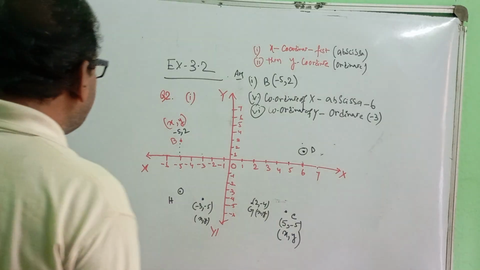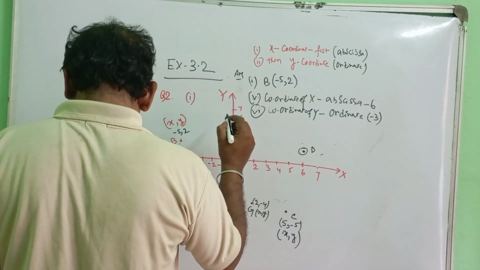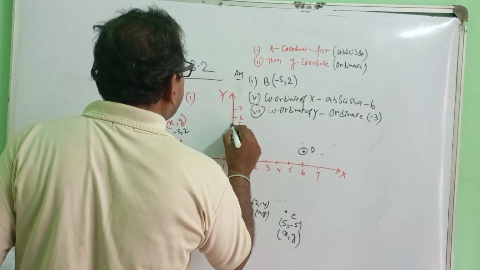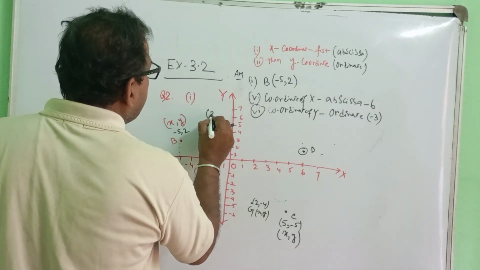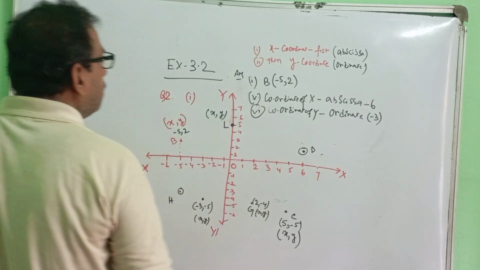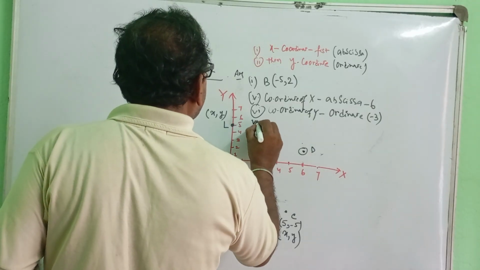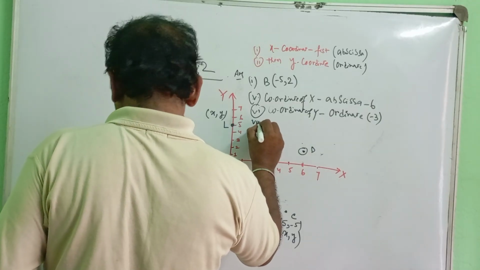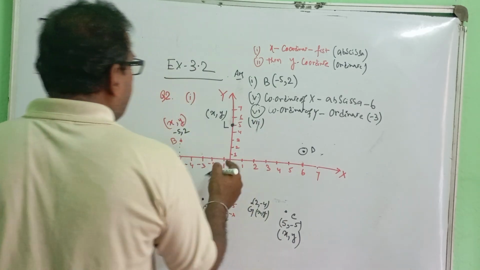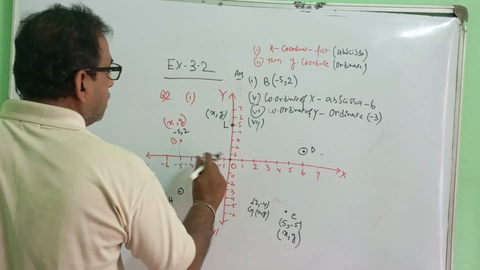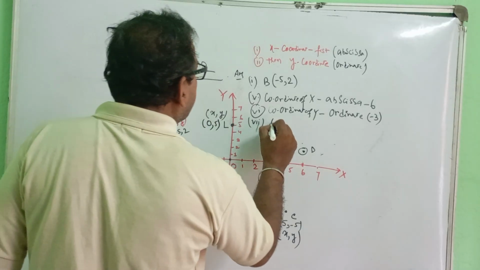Now they have asked about a point L. Same thing: x first, then y. Now what is x? No move. That is 0, 5.